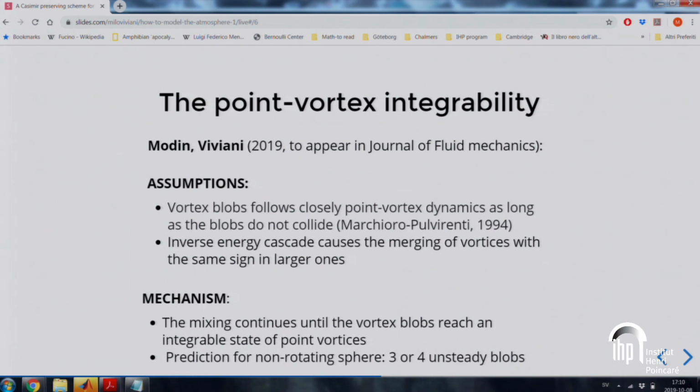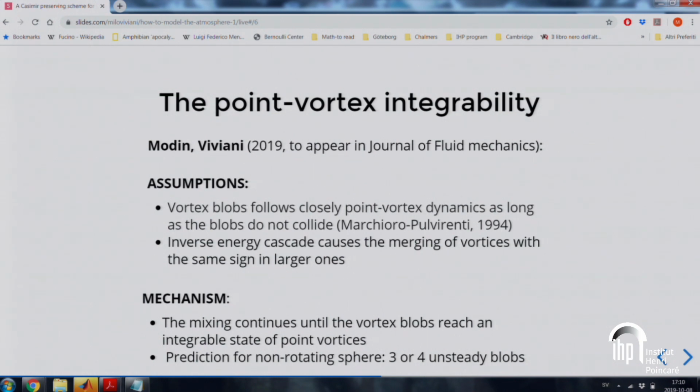And the reason is based on two assumptions. The first assumption is that the vortex blobs are separate enough that they move according to the point vortex dynamics. This is explained in the book of Marchioro and Pulvirenti from the '90s. And then we assume that the inverse energy cascade predicted by Kraichnan occurs. If these two assumptions hold, then the mechanism is the following.